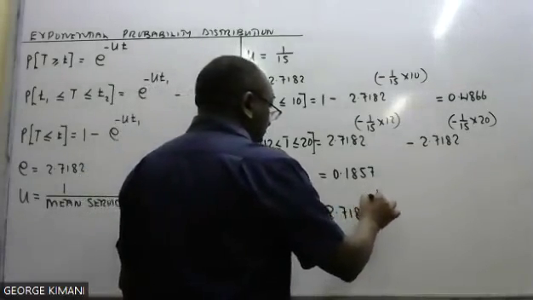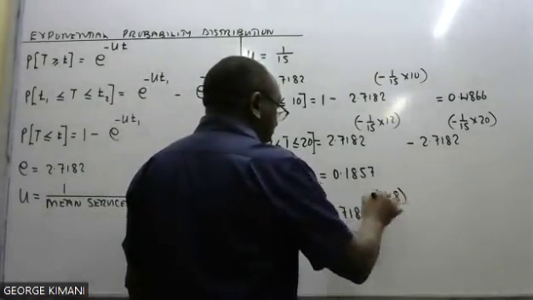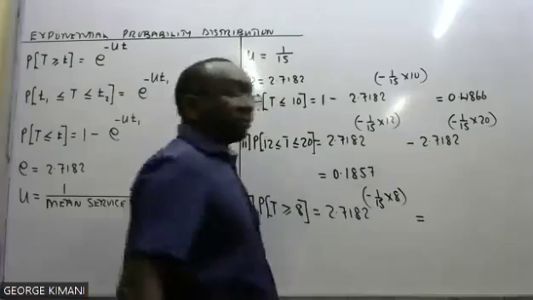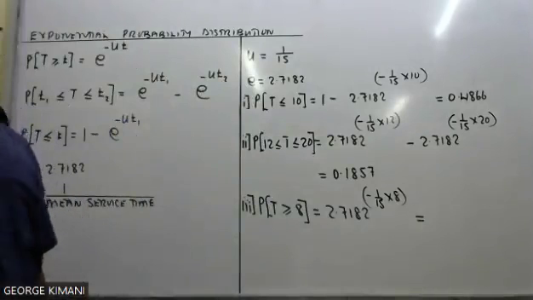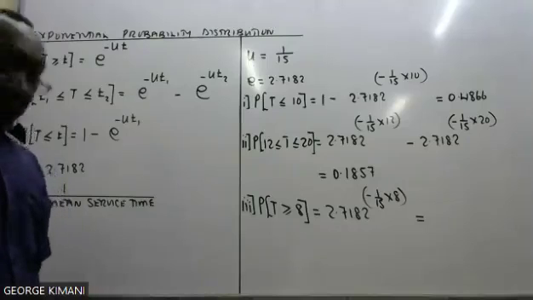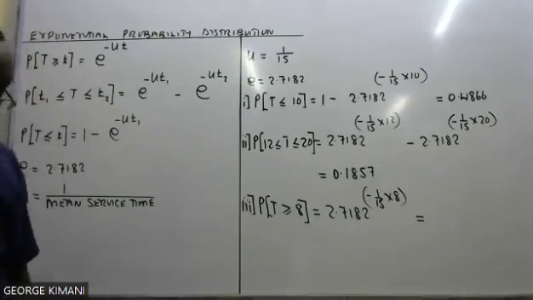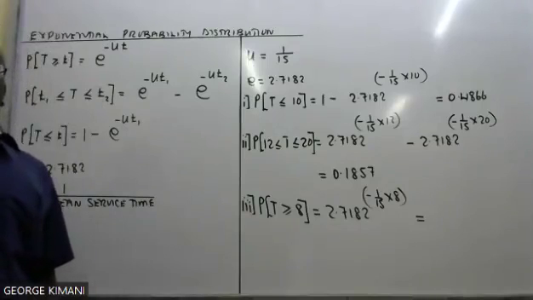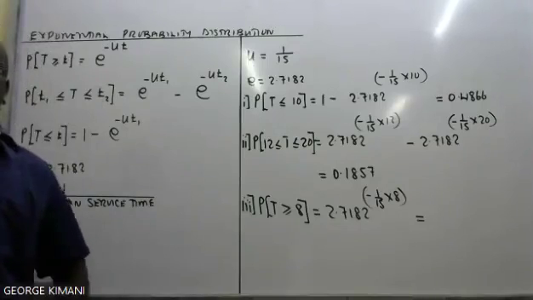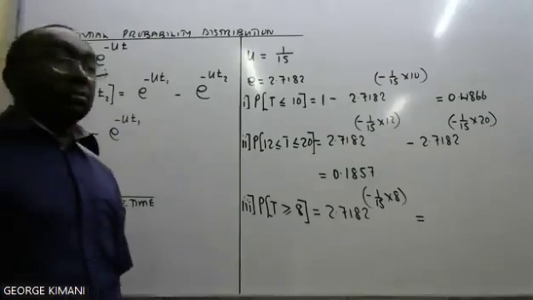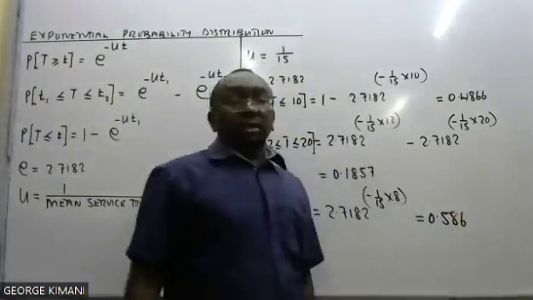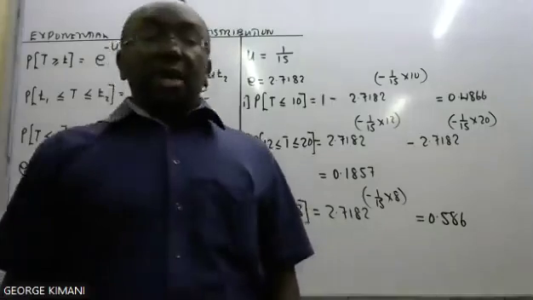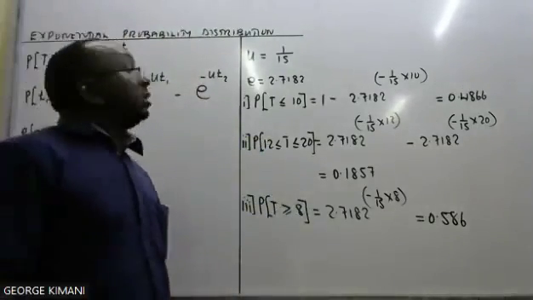You raise power minus 1 out of 15 times 8. 0.586. Good. So that is the way to handle an exponential distribution question.